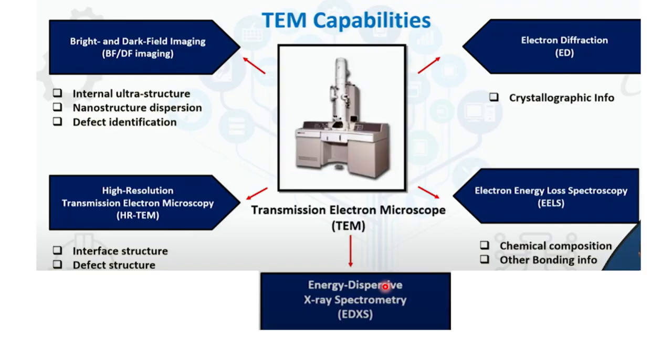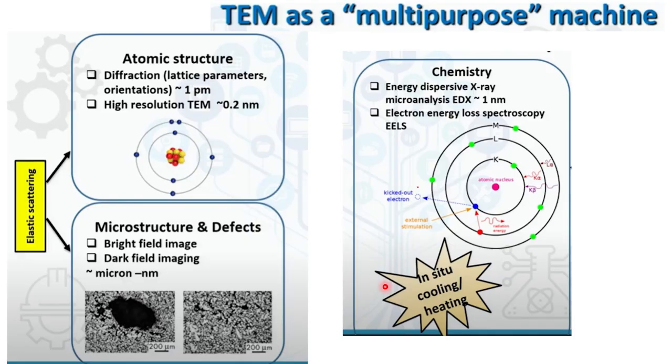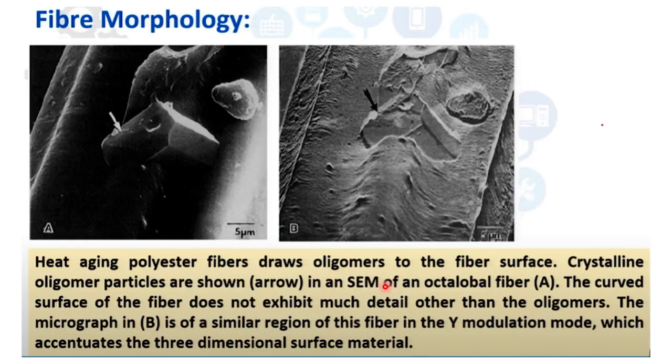Electron energy loss spectroscopy can also be combined with the TEM, and with that we can verify the chemical composition or other bonding information. And through electron diffraction, we can investigate the crystallographic information. So TEM is a multi-purpose machine, with which we can study both chemical and physical behavior, physical structure, defects and microstructure. All these we can analyze through the TEM instrument.